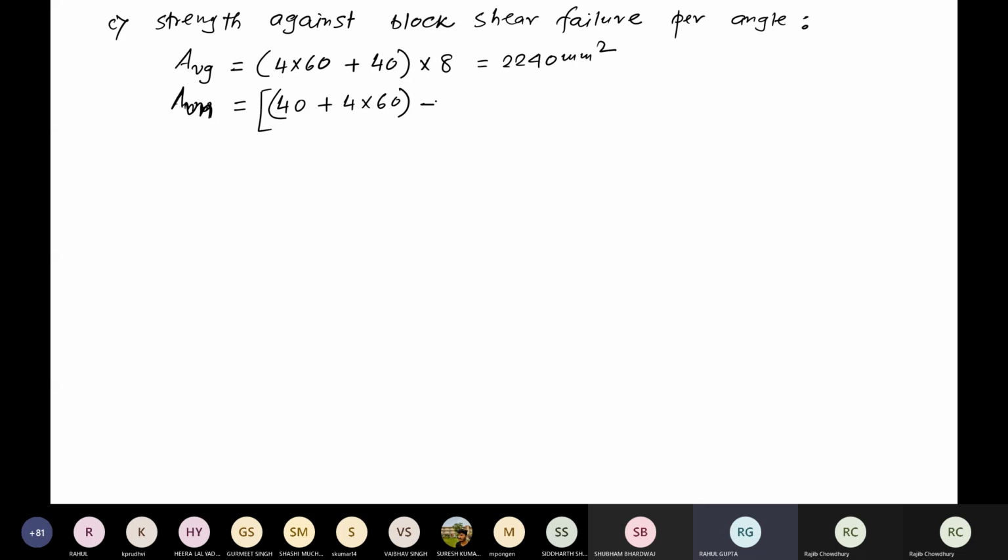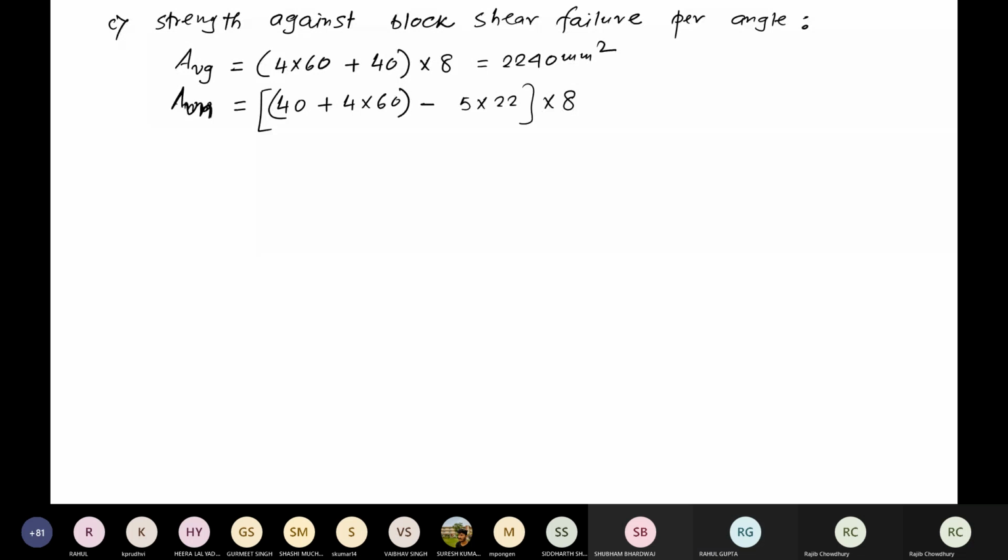How many bolts are there? 5 bolts of 22 mm bolt hole. So 5 multiplied by 22 multiplied by 8.